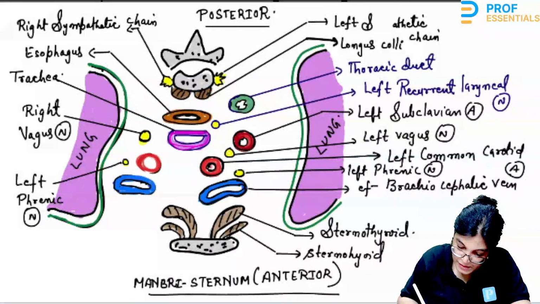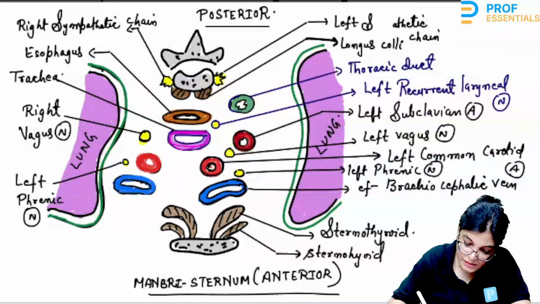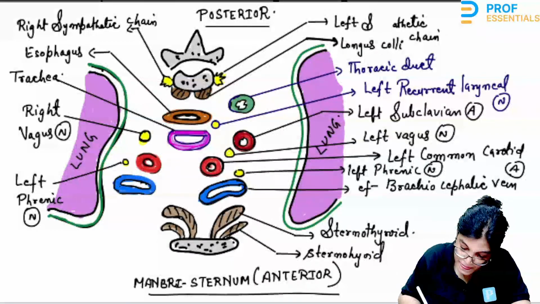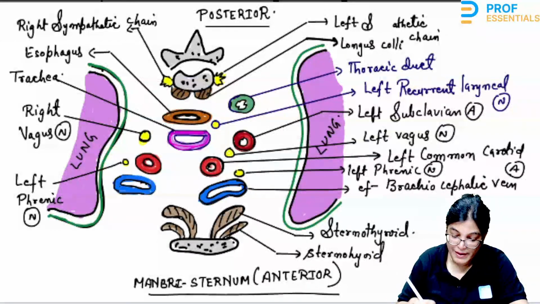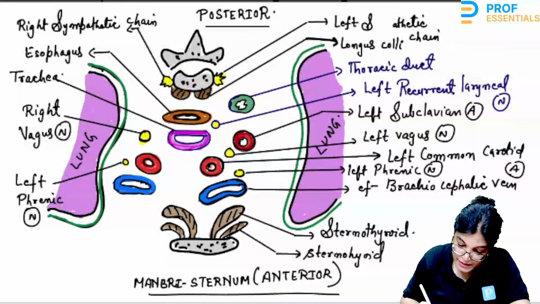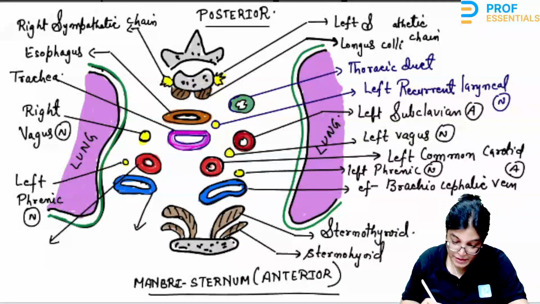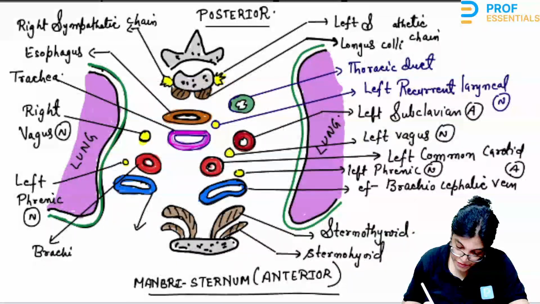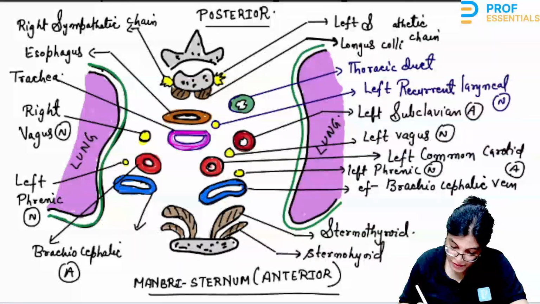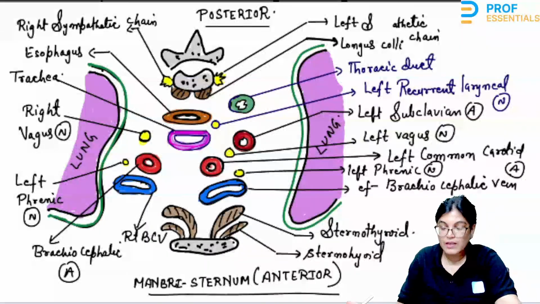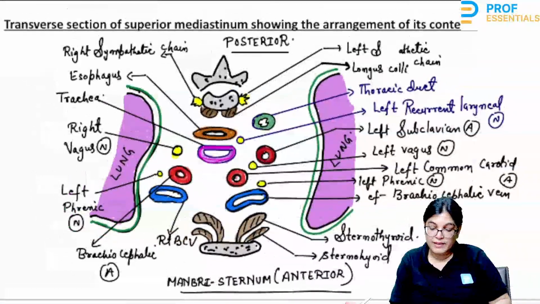Okay, this is the brachiocephalic trunk, or brachiocephalic artery, and this is the right brachiocephalic vein, BCV. So that is the brachiocephalic vein.